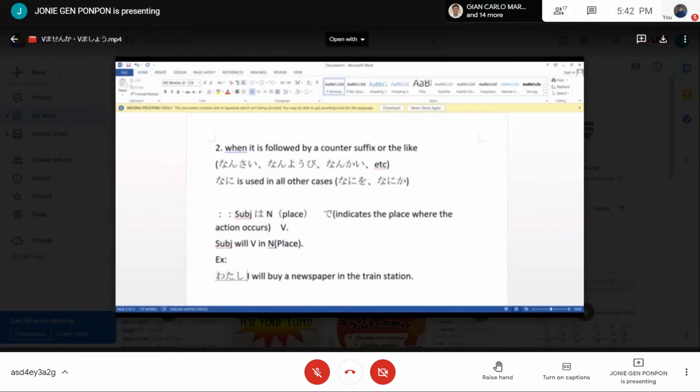When inviting someone, it's better to use this masenka, so that the listener can feel that you are considering his or her willingness to do something.